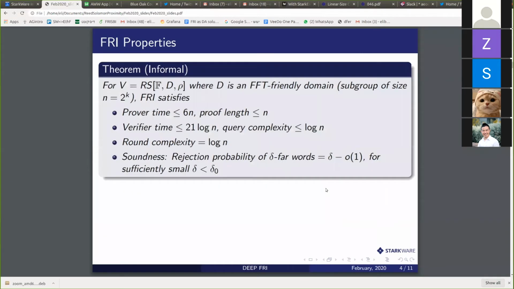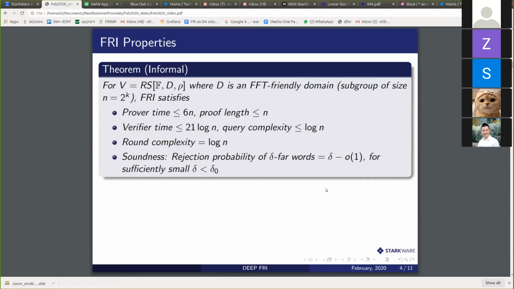So it is a protocol in the IOP model, and it works when your evaluation domain is FFT friendly, meaning it's a subgroup of order 2 to the k for integer k, which is the same setting that you see the FFT in its first incarnation. So we need the evaluation domain to be that thing. There's some recursion going on, and you want to always be in a subproblem that is of the same structure but half the size.